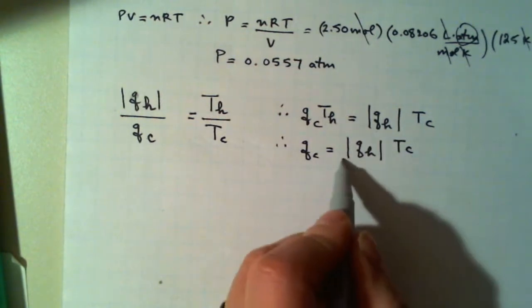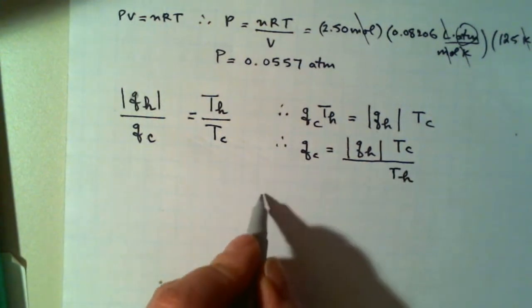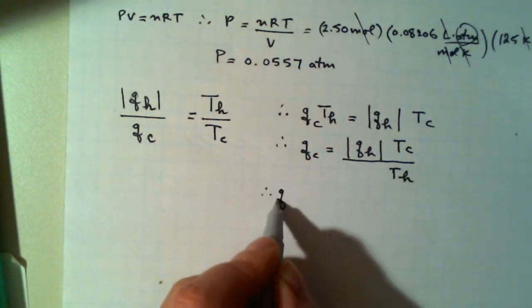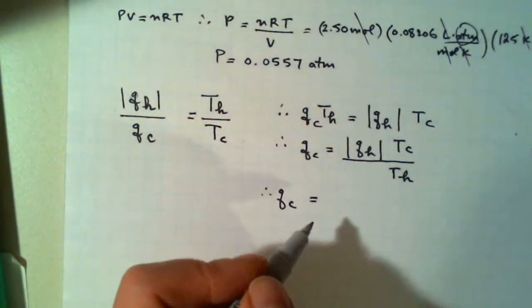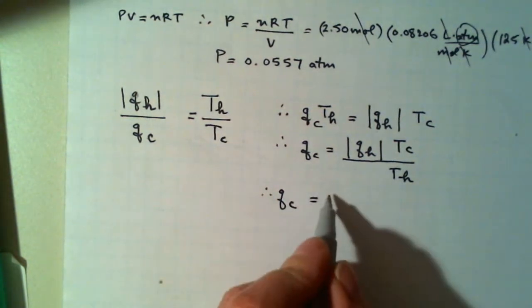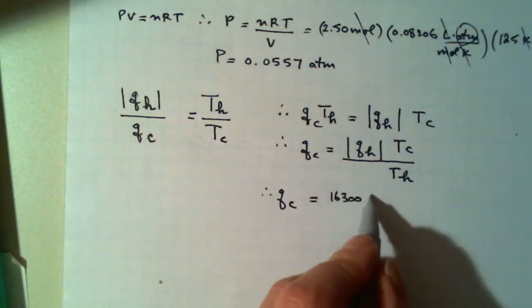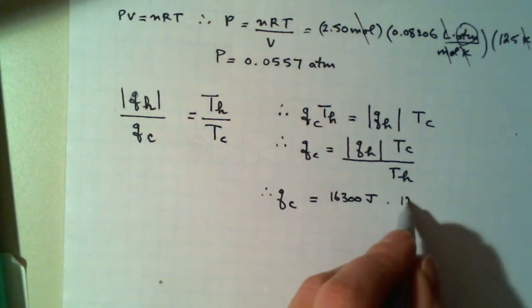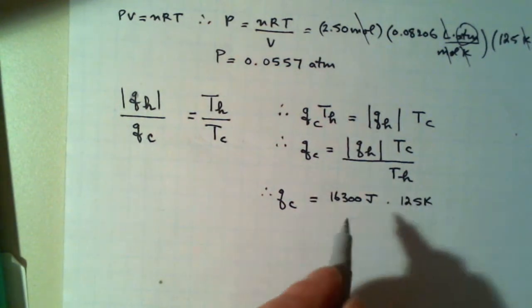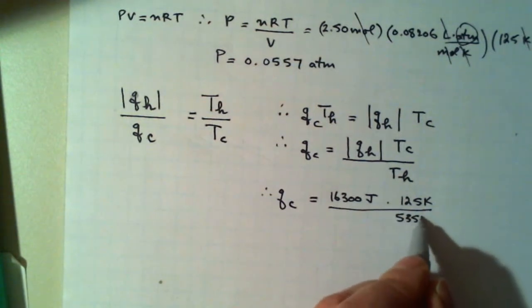So Q cold equals Q hot times T cold, all over the T hot. And so my Q C is 163.00 joules, my T cold is 125 K, and my T hot is 535 K.